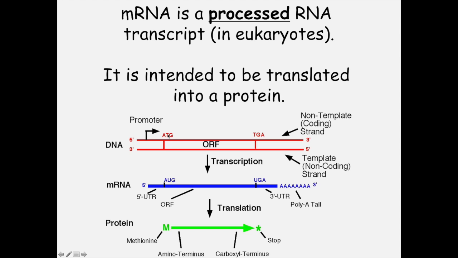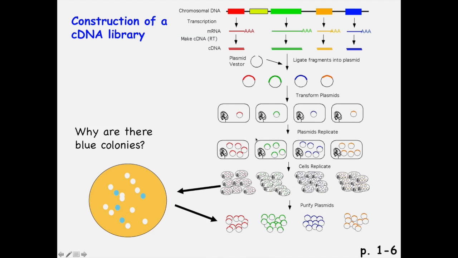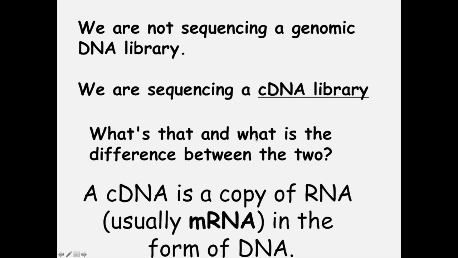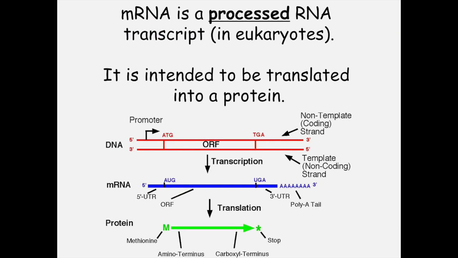They all have a start, an open reading frame, a stop codon, and an area where there is a non-coding template on either side. And when this is transcribed in the cell, RNAs are created and they're processed to include this poly A tail. So now we see that we have this untranslated region and this other untranslated region included in the mRNA.